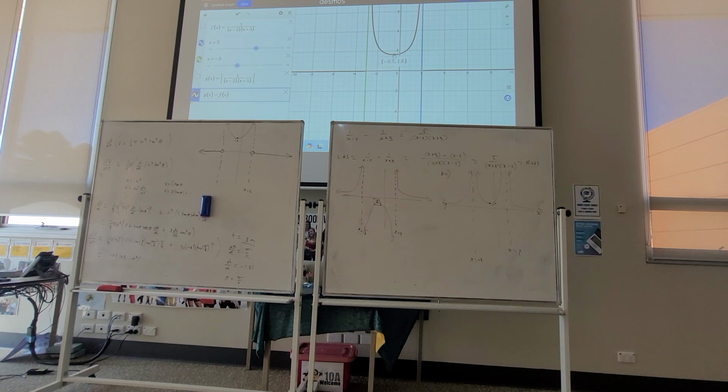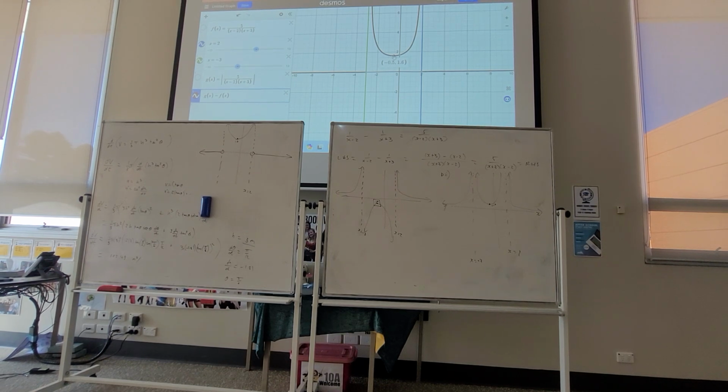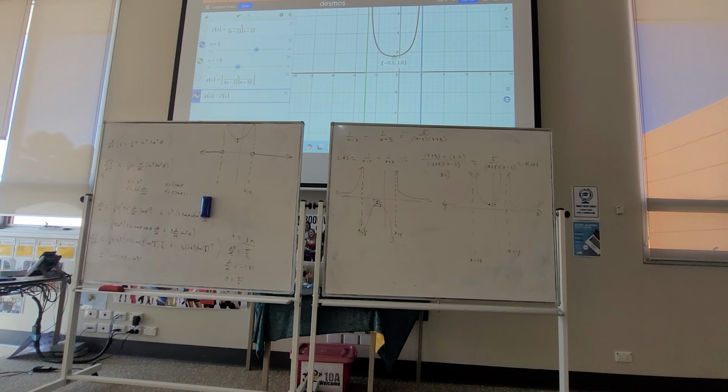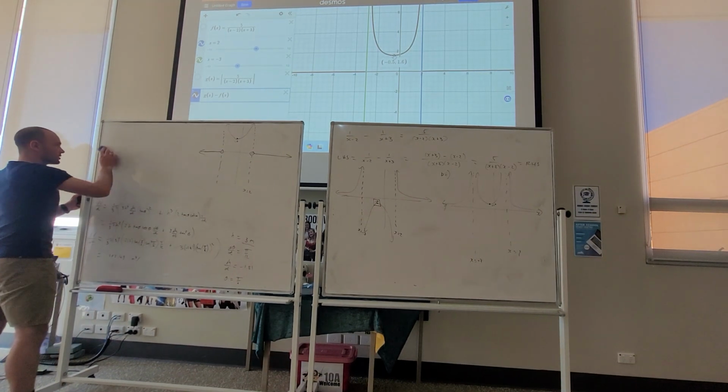Now, find the exact area between the graph, so we're on to part C now. Find the exact area between the graph y equals modulus of f of x, take f of x, so the third graph, the graph we've just done, between x is minus 2 and x is positive 1. Area under a curve, that's just the integral.